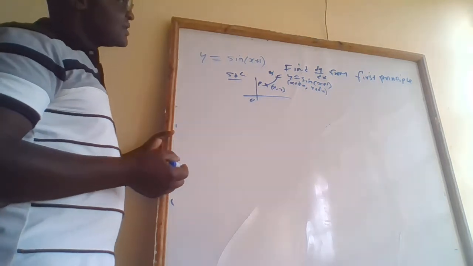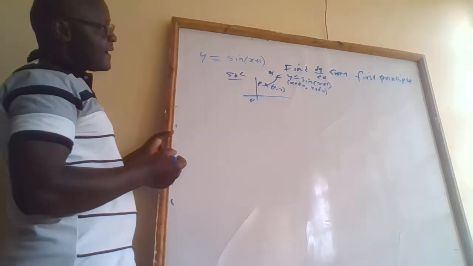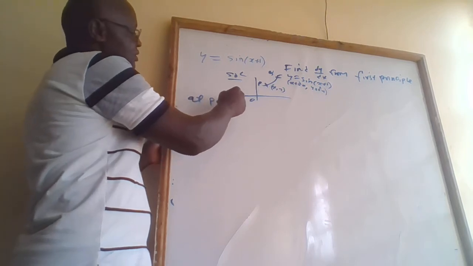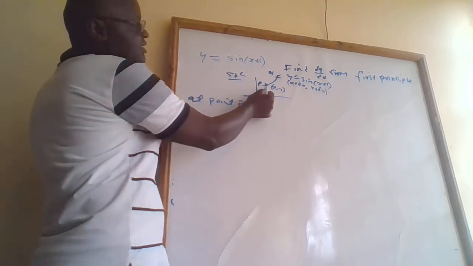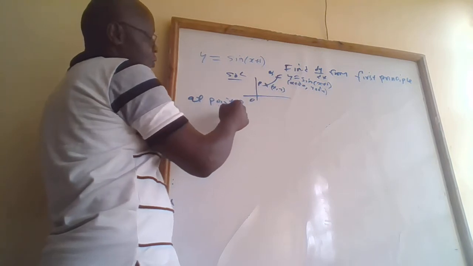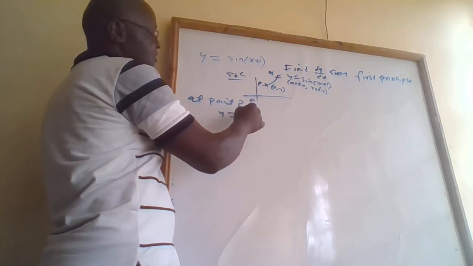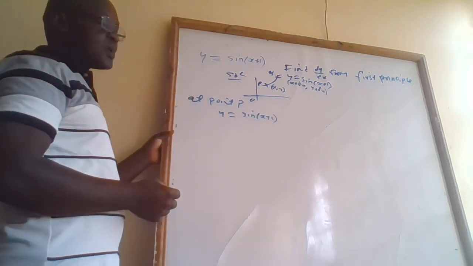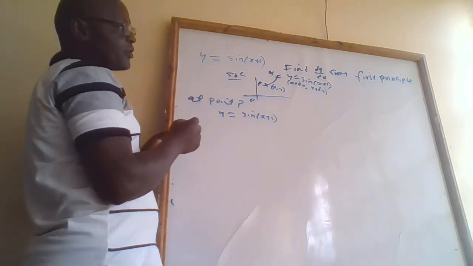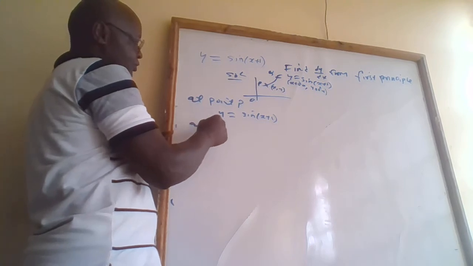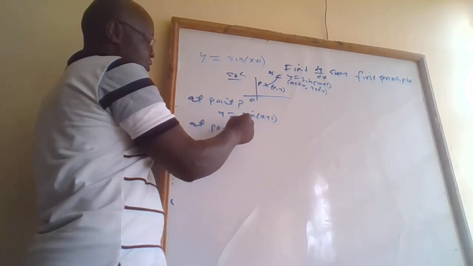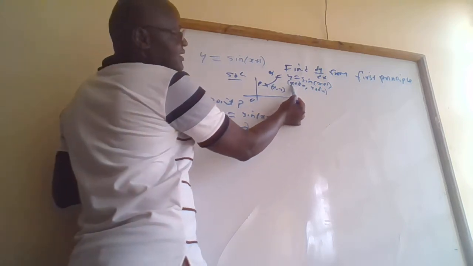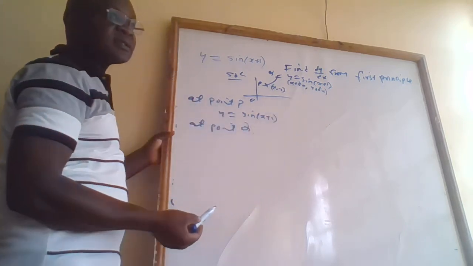So what we are saying is at point P, y equals sine of x plus 1. But at point Q, we also need to consider the increment in x and y.